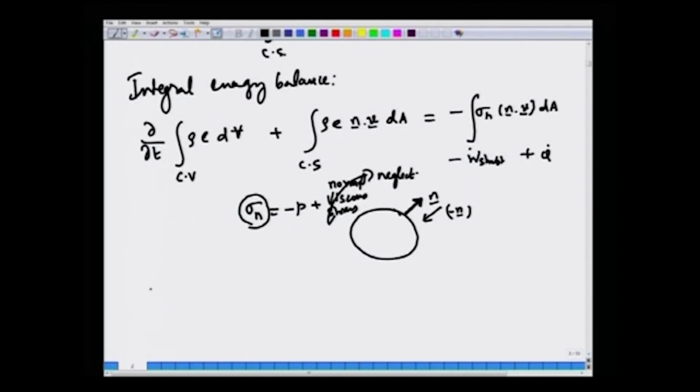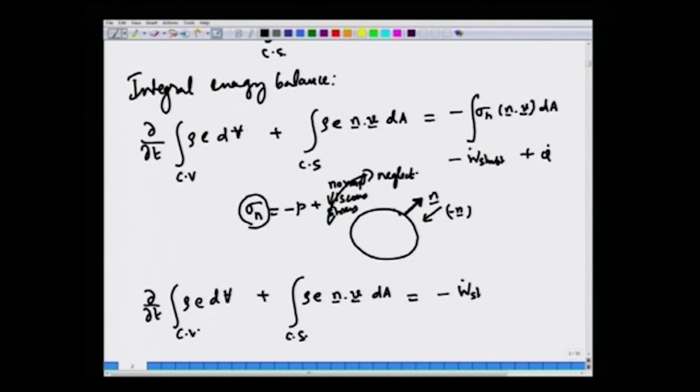So, we get the following expression: d/dt of the integral of rho e dV over the CV plus the integral of rho e n dot V dA over the CS is equal to minus W dot shaft plus Q plus the integral of P n dot V dA.